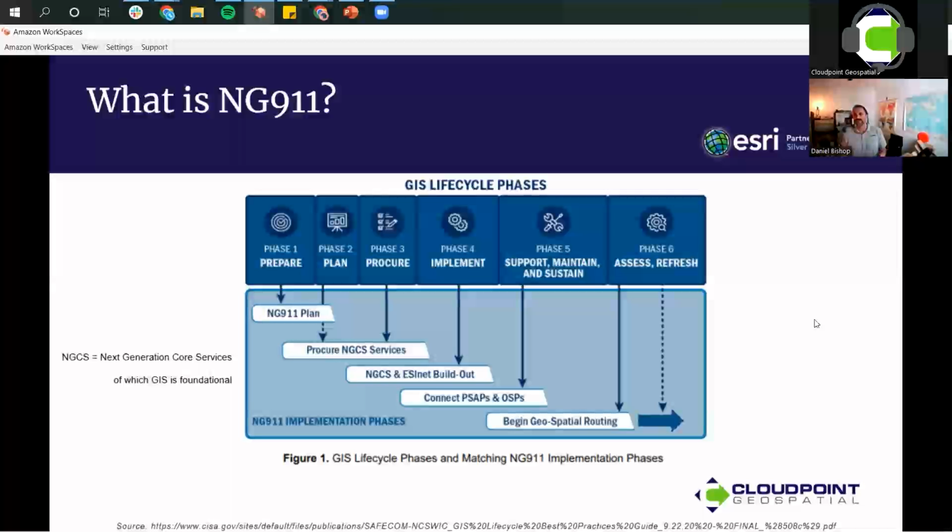So what is NG911? If you're here, you probably have heard of this before. It is a national definition requirement. So it's a national network which will be able to receive IP inputs from a range of devices.